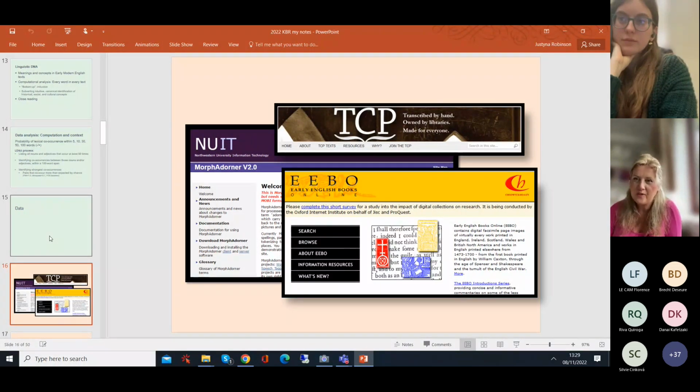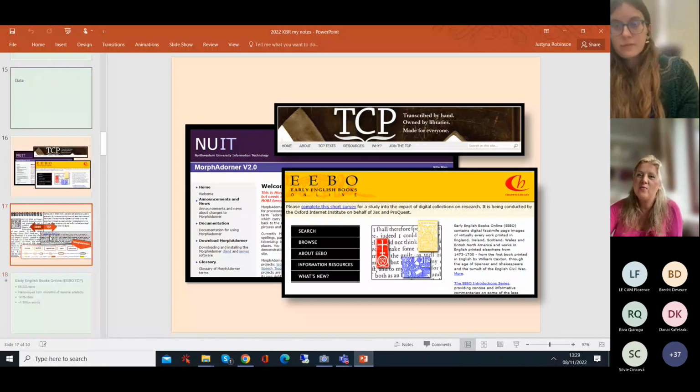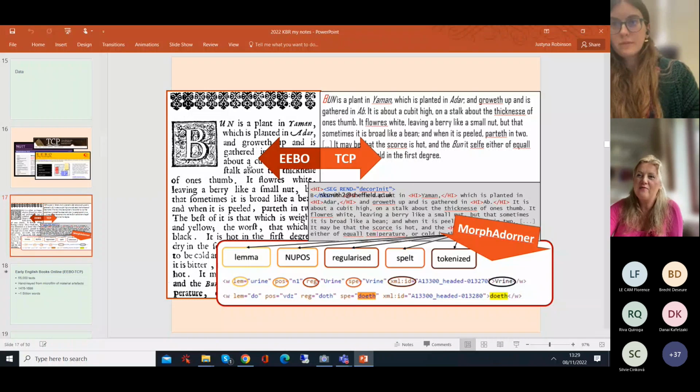We used MorphAdorner for that. Once the texts were moved from the original text to text that was lemmatized for part of speech and readable by the computer in terms of spelling variation, we could run our processor.